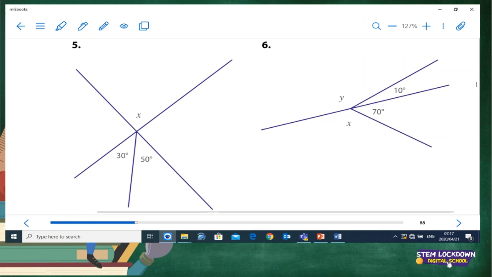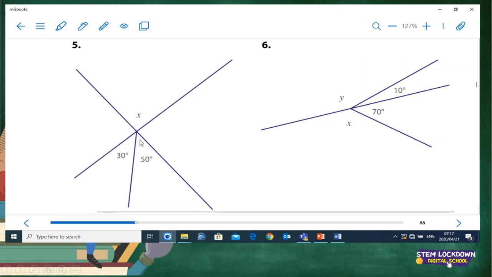Very simple. In order to find the value of x, you need to realize that there's a straight line here, which also forms 3 angles on this side. The angle where the arrow is now, that's the first angle, followed by the second angle, which is 50 degrees, followed by the third one, which is 30 degrees.